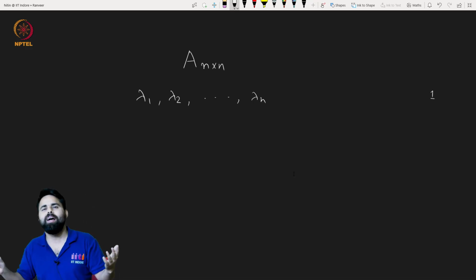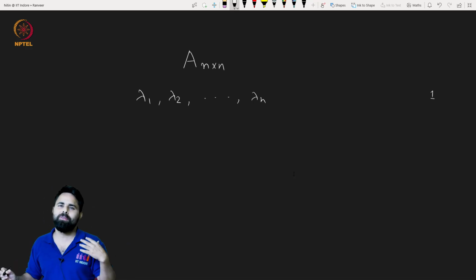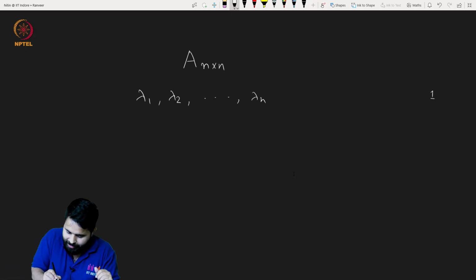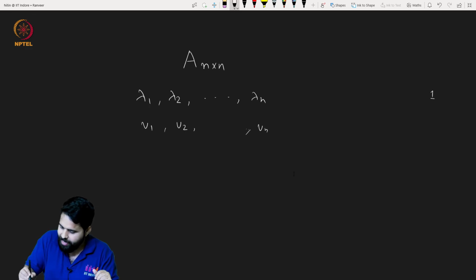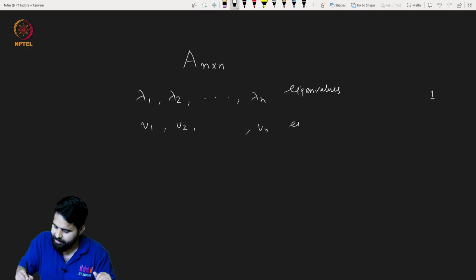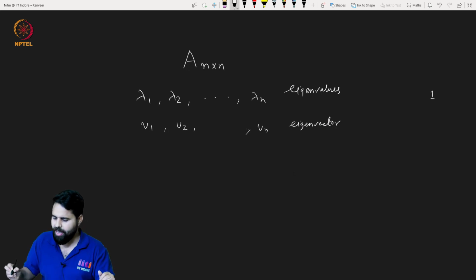And let us take some eigenvectors corresponding to these eigenvalues, v1, v2 up to vn. So these are eigenvalues and these are eigenvectors. Remember, there can be many eigenvectors corresponding to an eigenvalue.